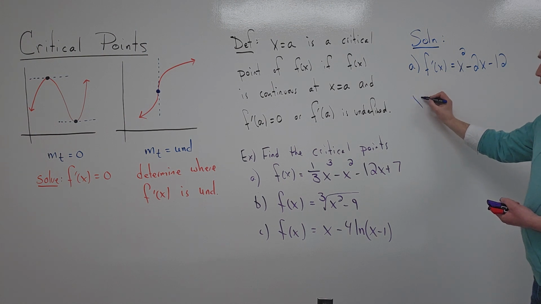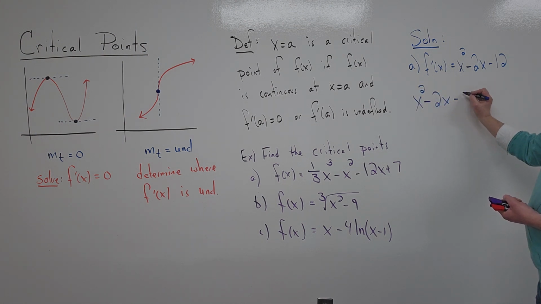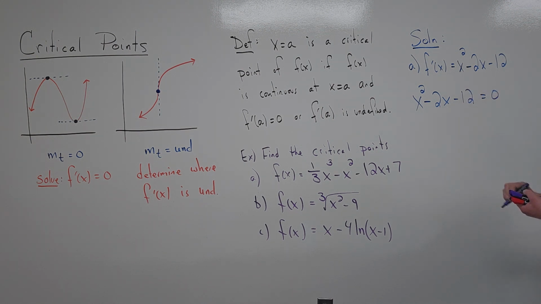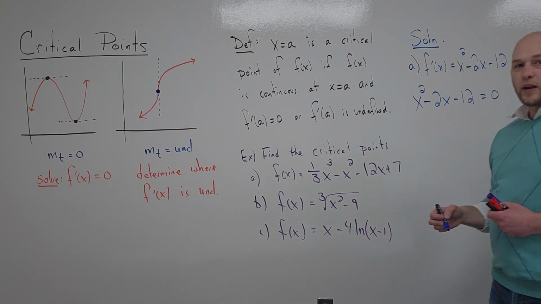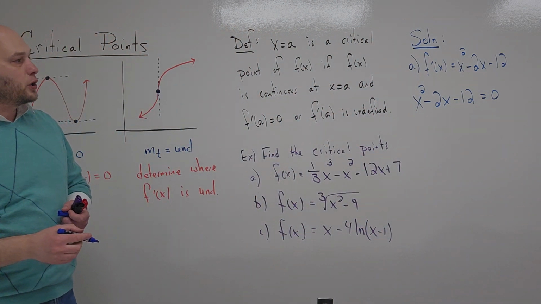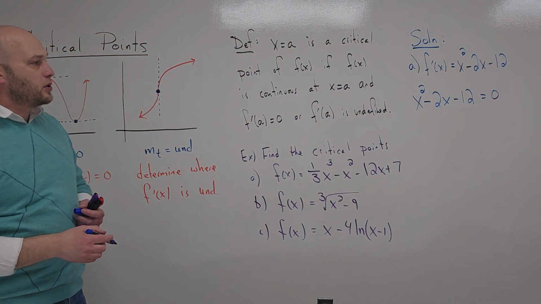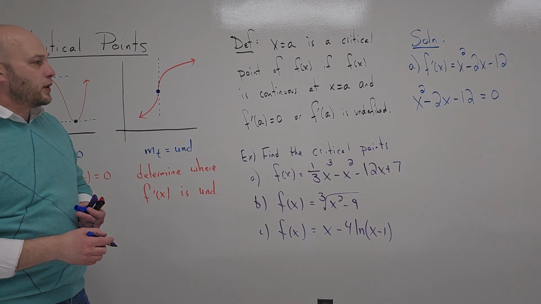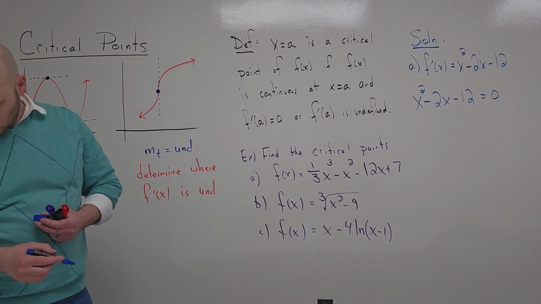So let me move it over here just to make sure it's on the screen. x squared minus 2x minus 12 equals 0. And it's a quadratic for which we have lots of techniques to solve. This one should factor nicely. So let's see, 6 and 2.